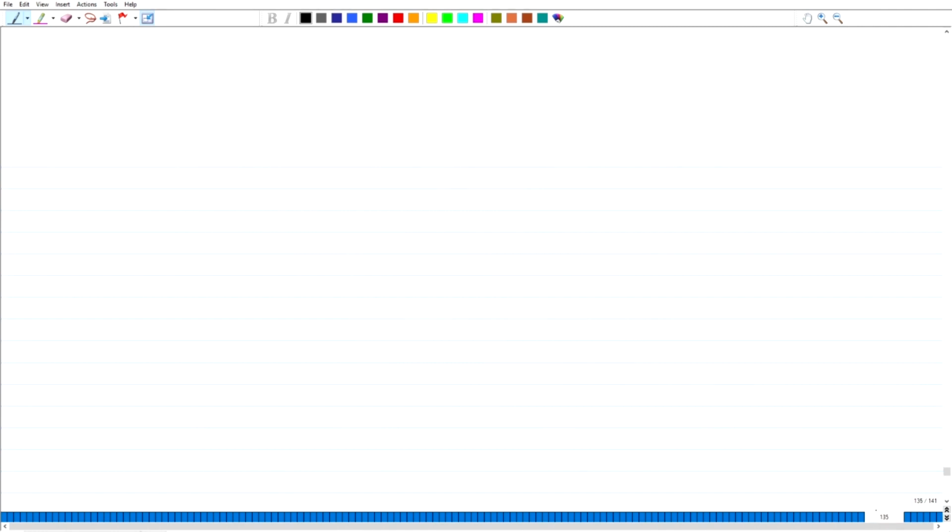Now, let us write 1 plus mod t to the power n times R f of t comma gamma.